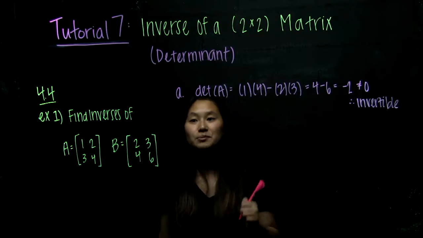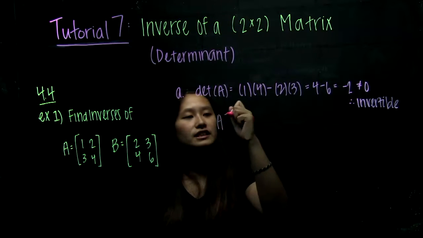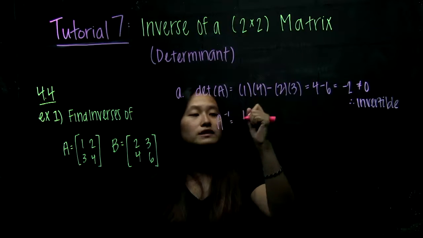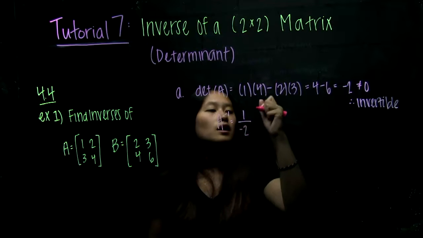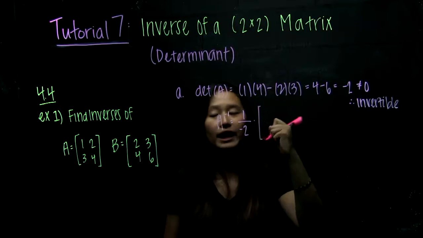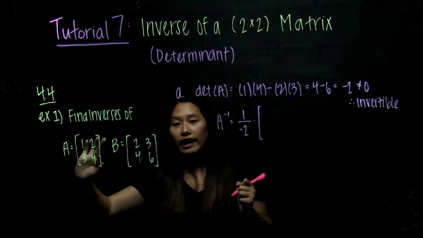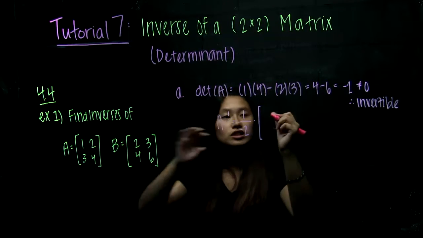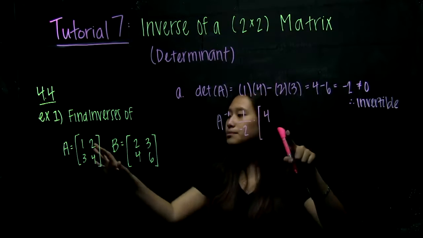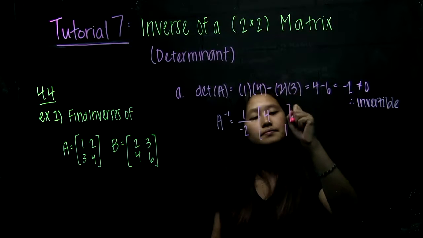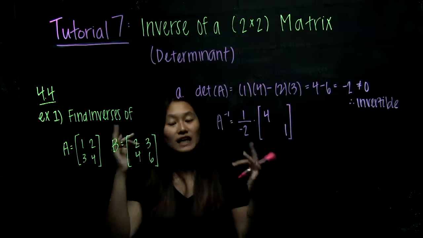And since we know it's invertible, we can find the inverse of A. So A inverse is equal to 1 divided by the determinant of A, which in this case is negative 2, multiplied by the matrix where A and D swap places. So in this location here becomes 4, and at the bottom right location becomes 1. And then we also know that B and C swap their signs.